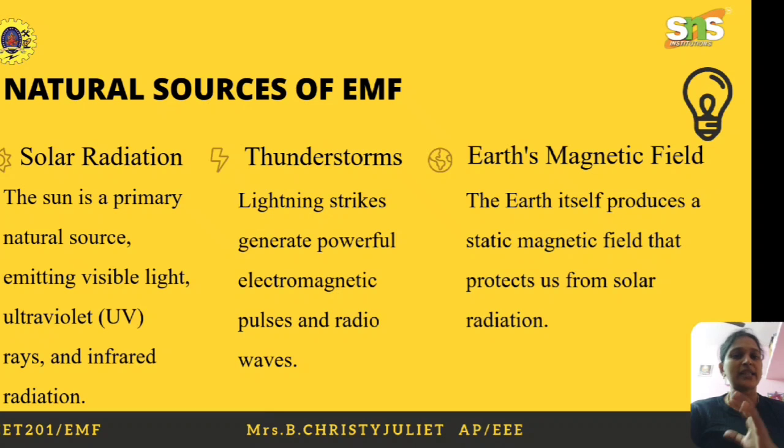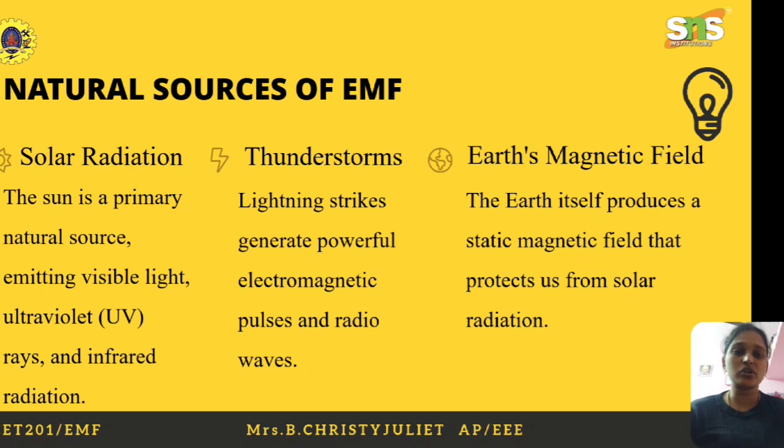Now let's see the natural sources of electromagnetic fields. In general, we can see three things: solar radiation, thunderstorms, and the Earth's magnetic field. Solar radiation is the first and foremost natural source, because it emits UV rays and infrared radiation, which are a form of electromagnetic fields.